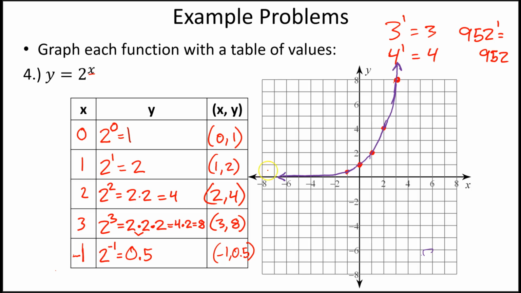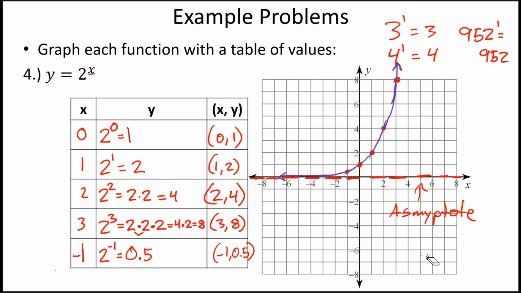What happens here is we have something along my x-axis, and we usually indicate this with a dotted line, like so. We have something called an asymptote. Let's see if I can spell that correctly. Asymptote. I think that's how it is spelled. And an asymptote is an invisible line that the graph does not cross.